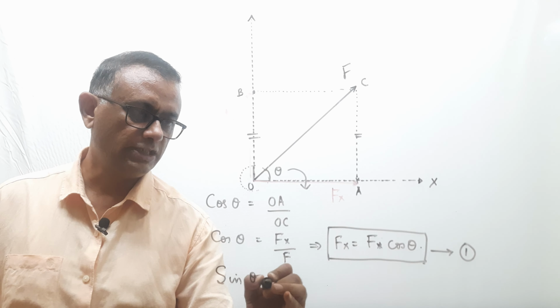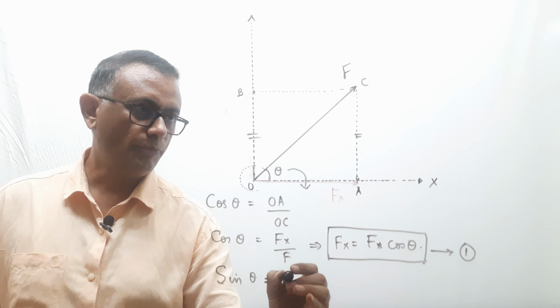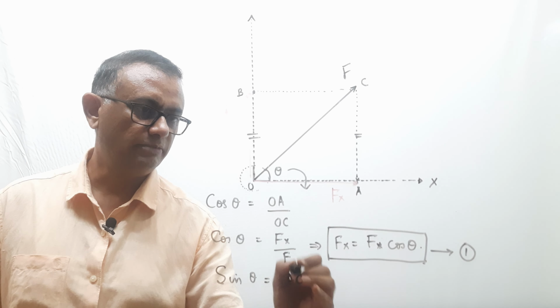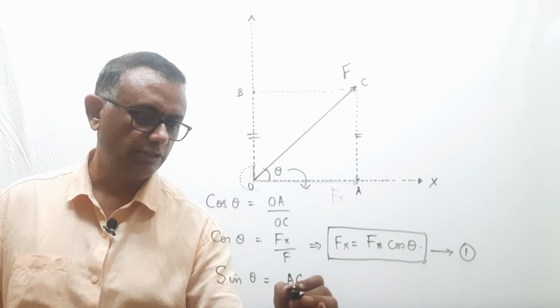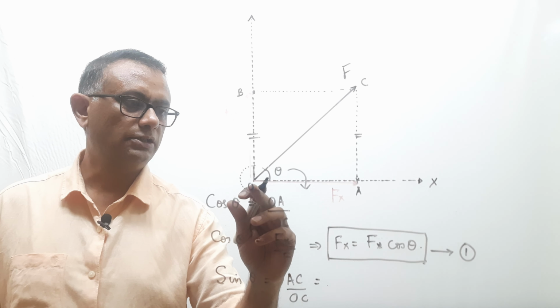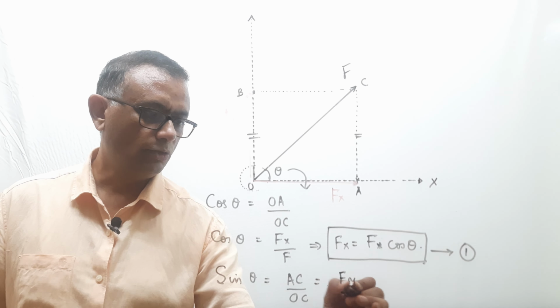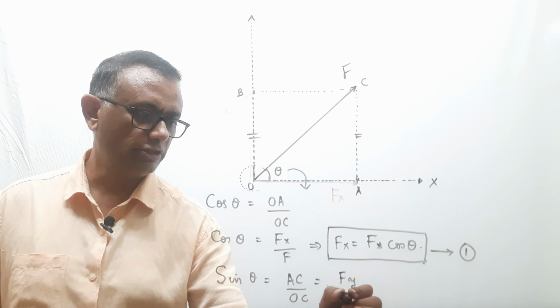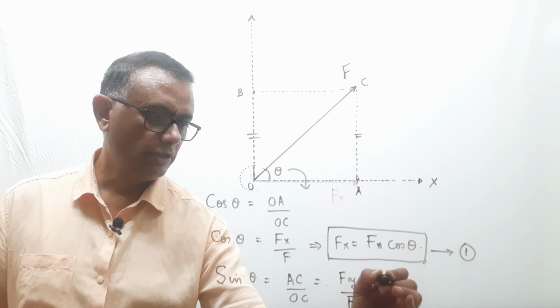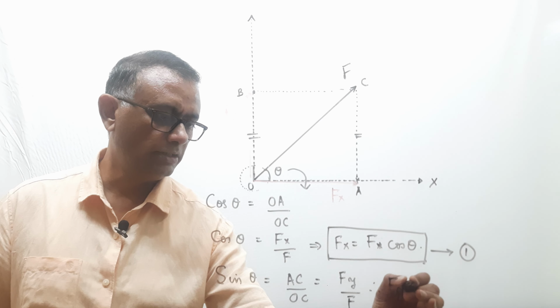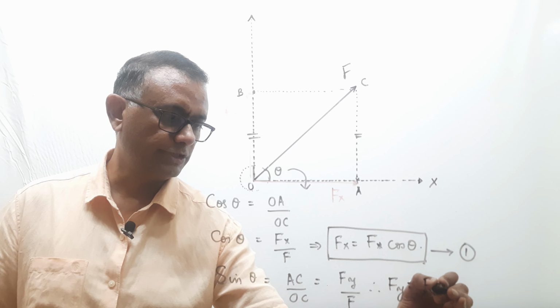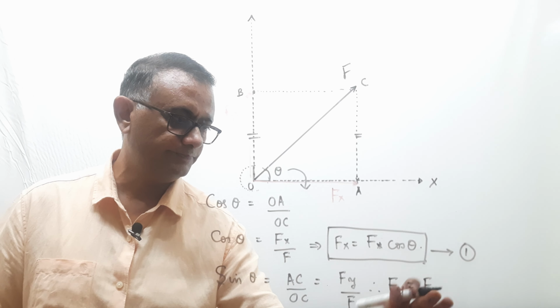So sine of theta is going to be equal to the opposite side AC divided by our hypotenuse OC. AC is nothing but Fy and OC is nothing but the original force F. Therefore, Fy is nothing but F into sine theta.